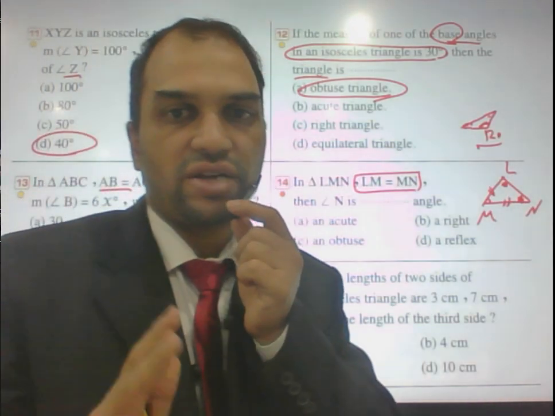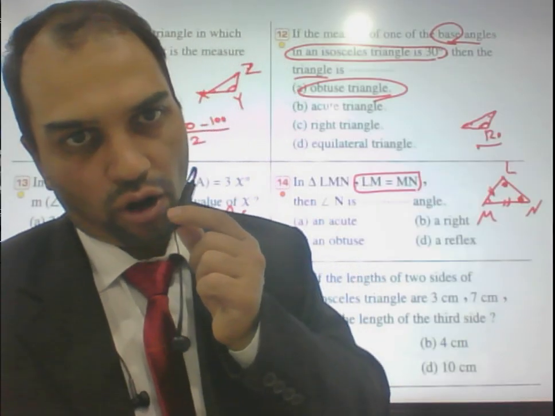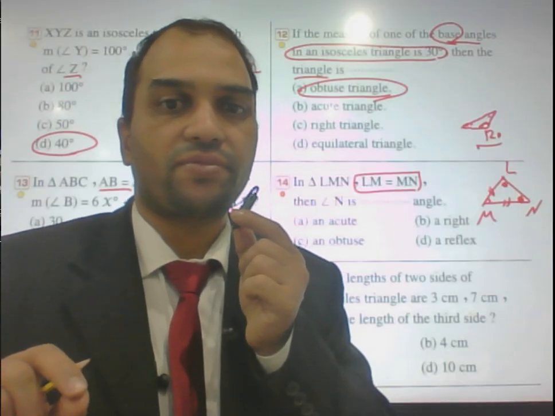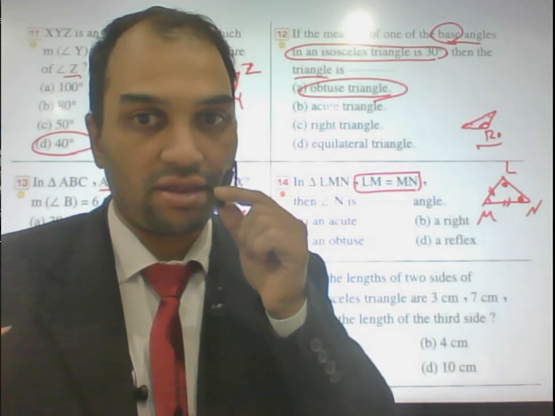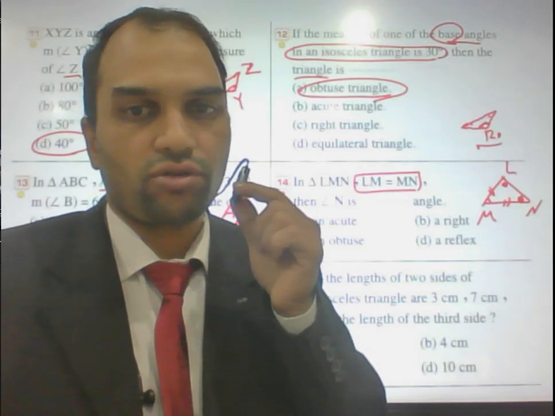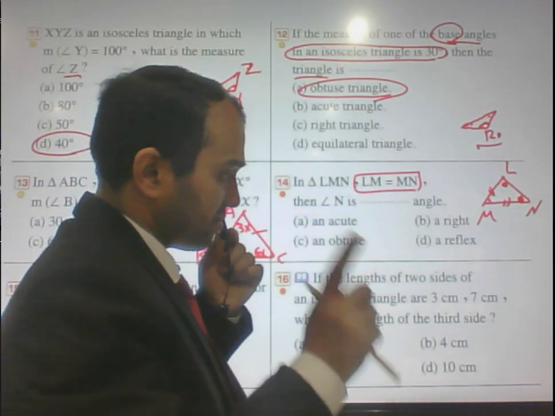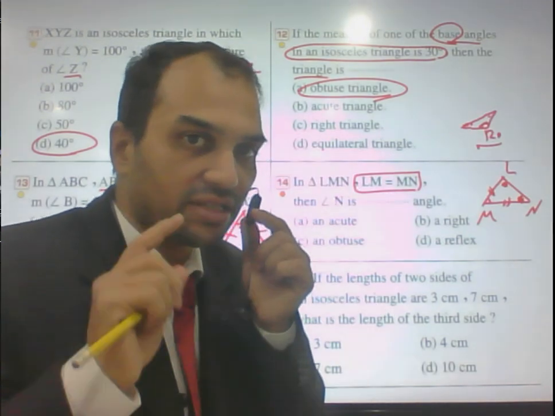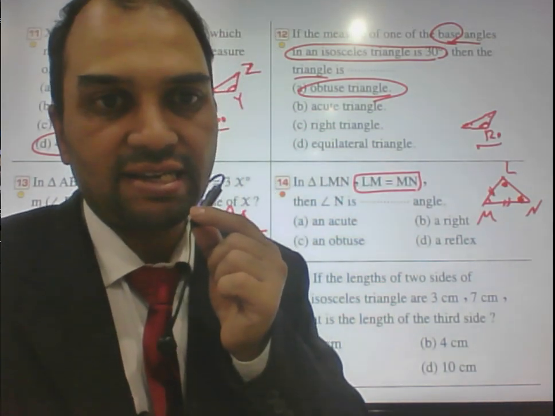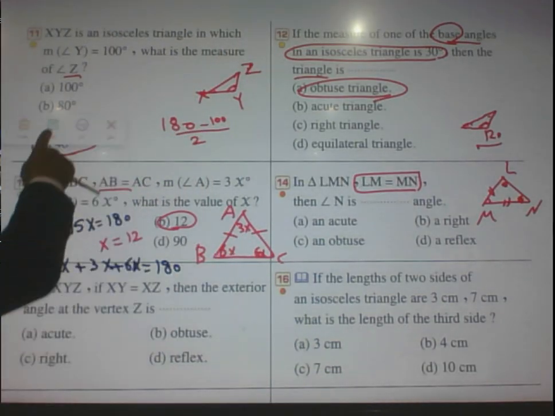The base is acute, but the vertex may be obtuse, right, or acute. He asked about the base. The measure of angle N will be acute all the time. We can't choose obtuse or reflex or right, because the measure of a base angle in an isosceles triangle must be acute, less than 90 degrees and greater than 0. Okay. Next question here.